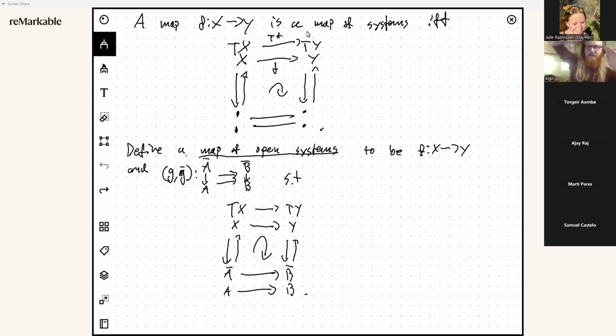The trajectory I get in X will go under the function to the trajectory I get in Y, and the output that I get in A will go under this function to the output trajectory that I get in B. That's what this definition means.